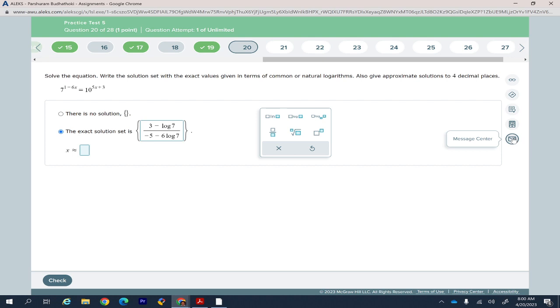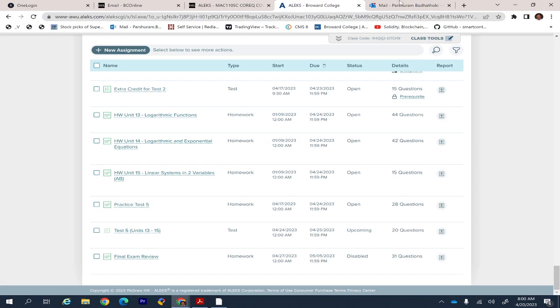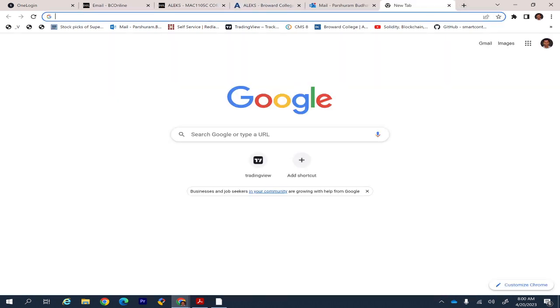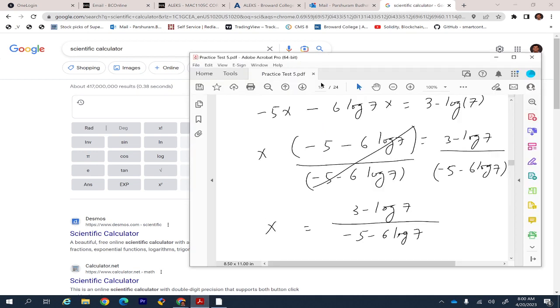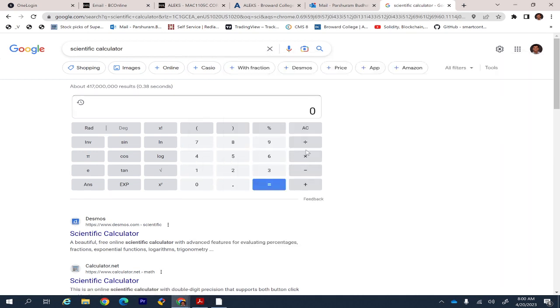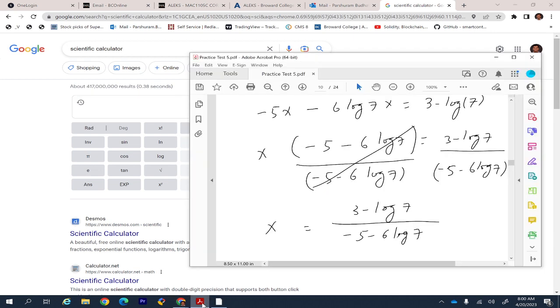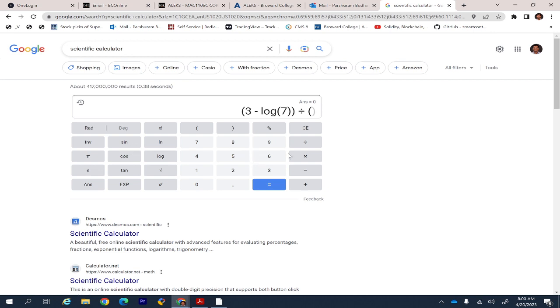Okay, here is no calculator, so you have to use your handheld calculator. I'm going to just use a scientific calculator from here. So this is what I'm going to type: open parenthesis 3 minus log 7, close parenthesis, divided by open parenthesis negative 5 minus 6 log 7, close parenthesis, and hit enter.